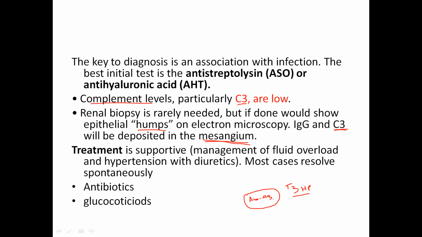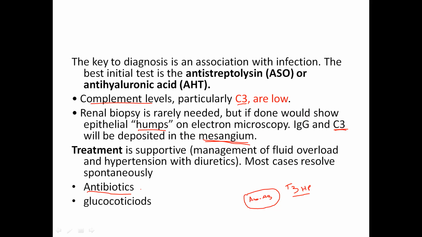Treatment is supportive, and management of fluid overload and hypertension with diuretics is enough for most patients. In most cases it resolves spontaneously.